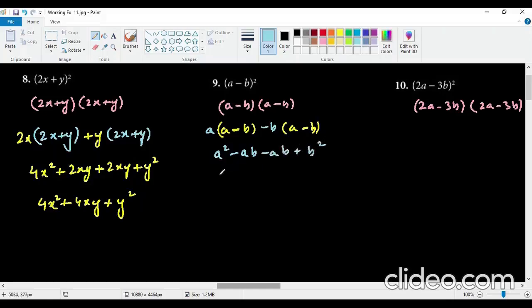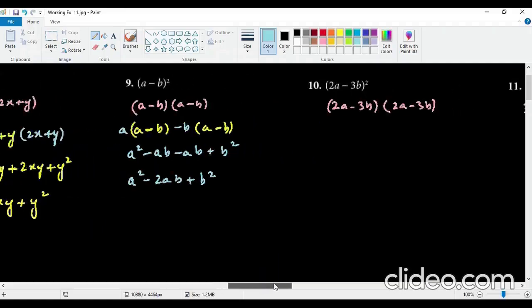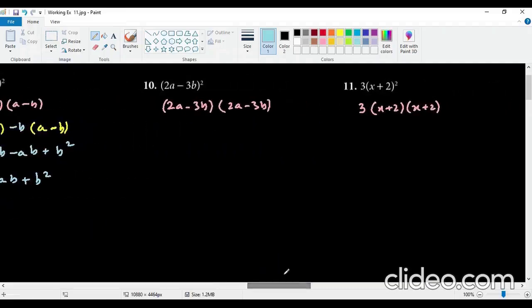So final answer for this one is going to be a square minus 2ab plus b square.